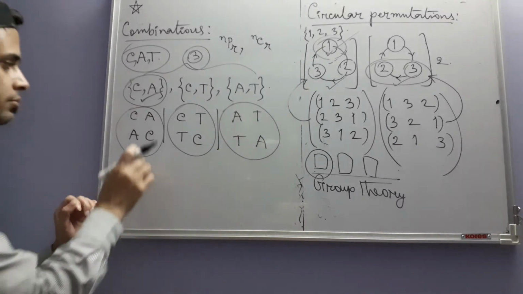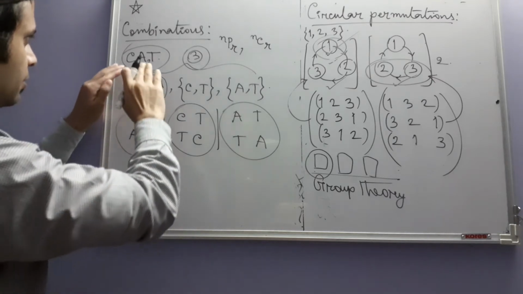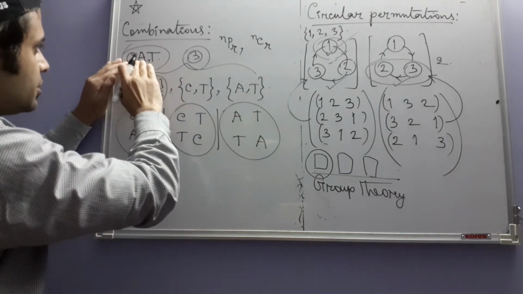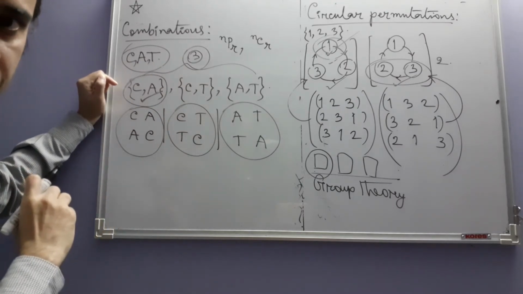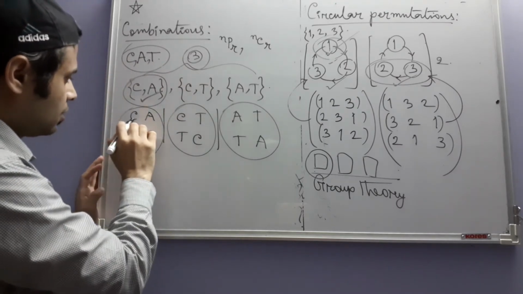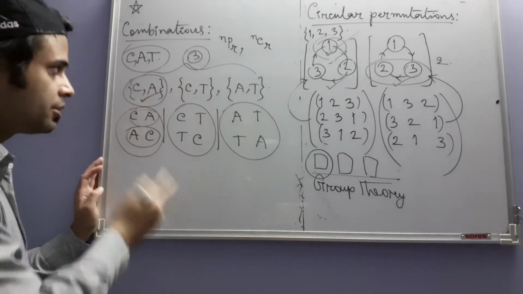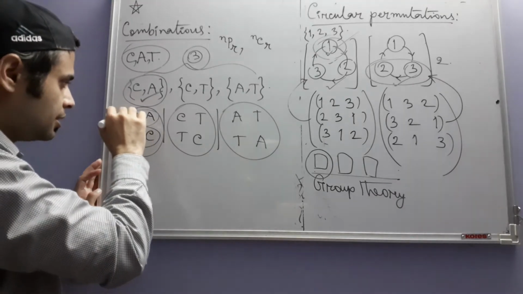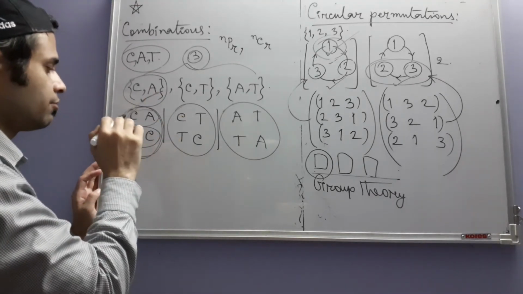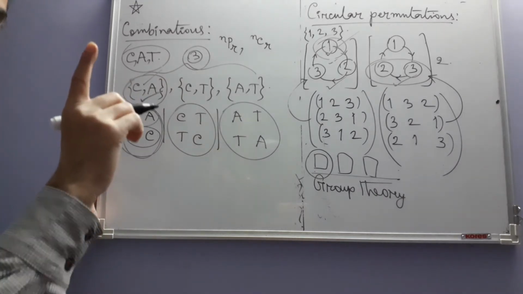Now, so you look at it like this. Suppose from C, A and T, I have chosen C and A. Okay? And I have formed the permutations by permuting those objects C and A. So these are the permutations of objects taken from this set, which is one combination.